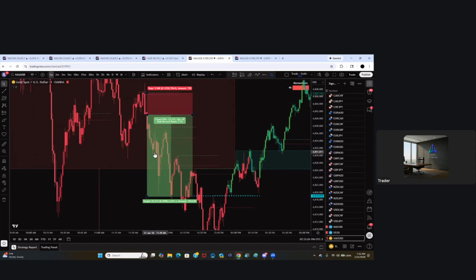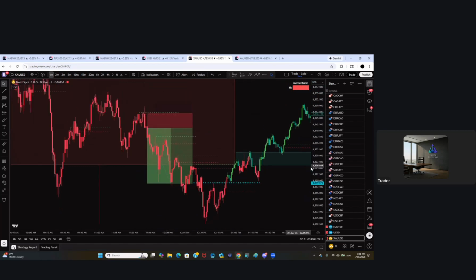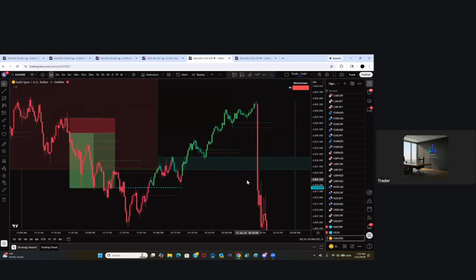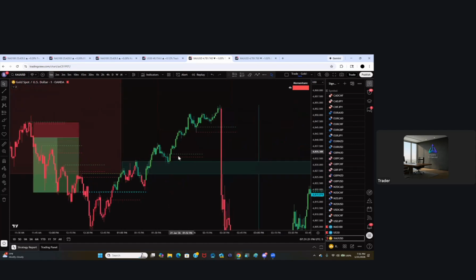And that right there is a 3.75 RR. Very, very simple. Just taking the manipulation zone after you get one nice candle closure away from the zone, put your stop up there, very straightforward. And then as price forms, you just move your stops down. And you can see you got a nice buy right there.